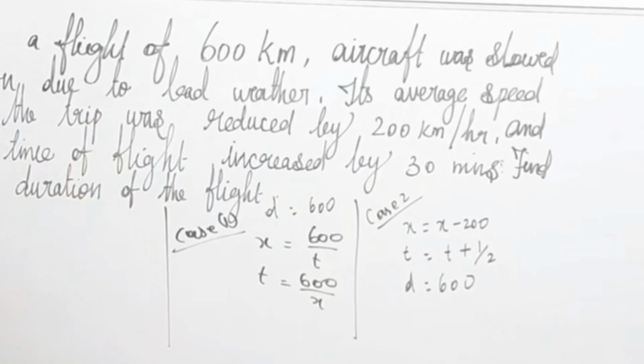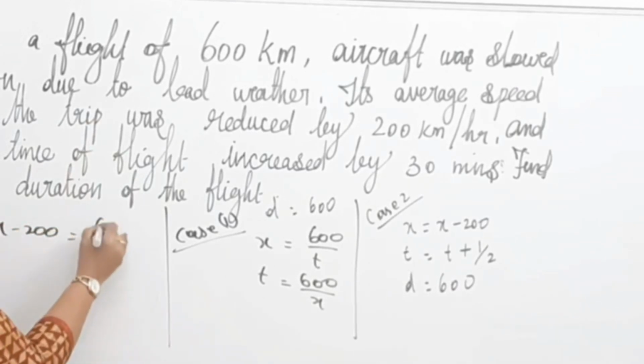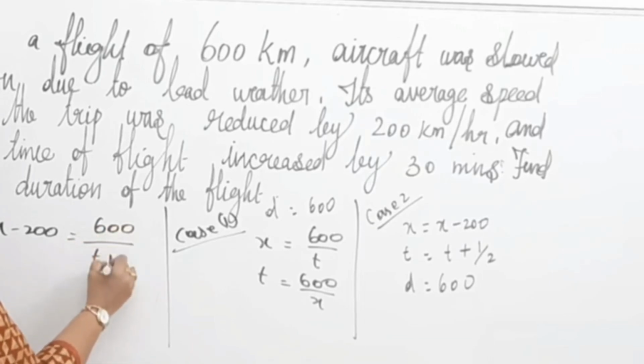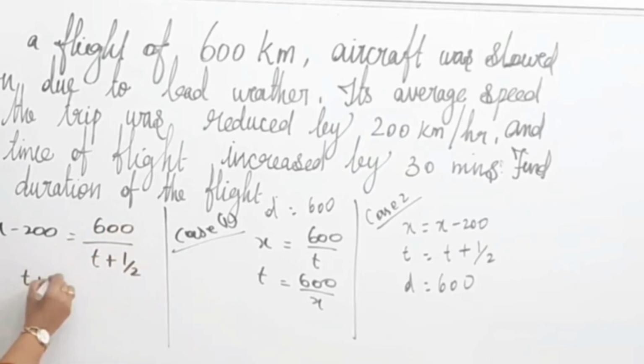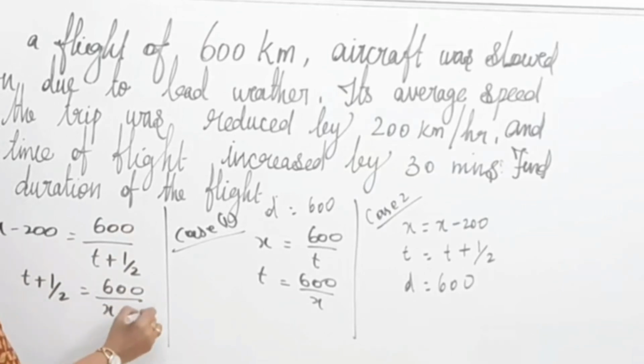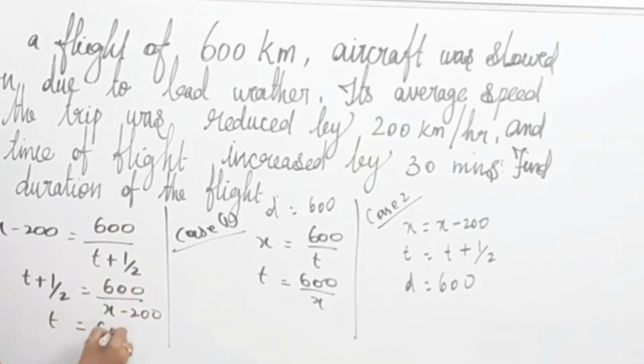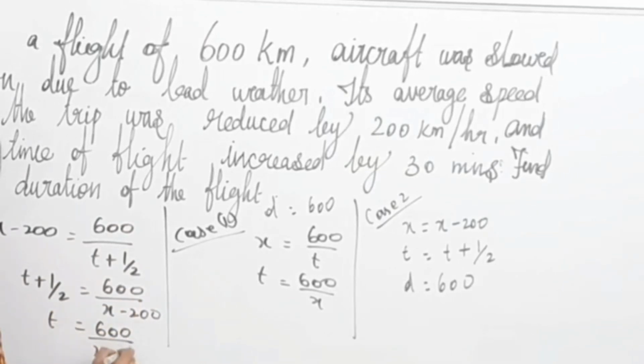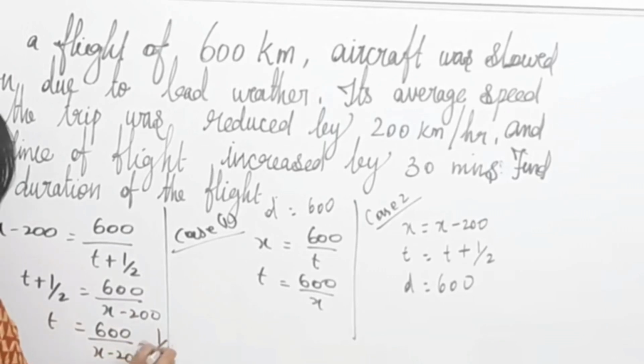Now speed x − 200 = 600/(t + 1/2). So t + 1/2 = 600/(x − 200), and t = 600/(x − 200) − 1/2.